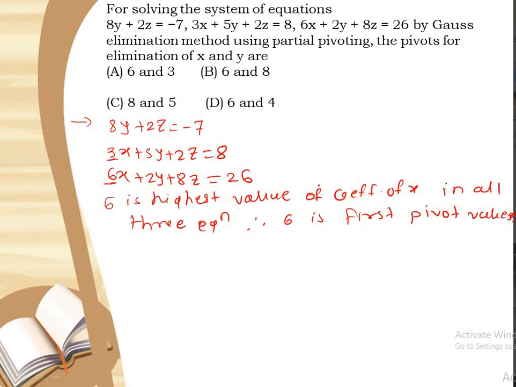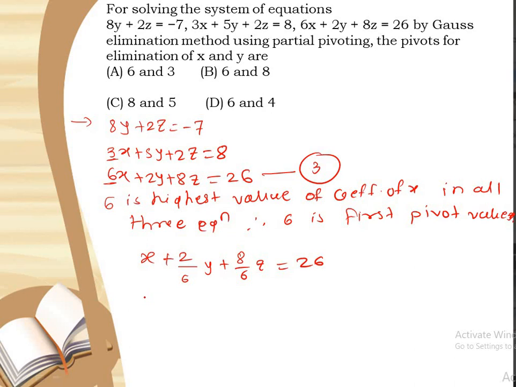To calculate the second value we have to simplify these equations. The first pivot value is 6, so we divide equation number 3 by the pivot value, and we get that equation as x plus 2 by 6 y plus 8 by 6 z equal to 26 by 6.